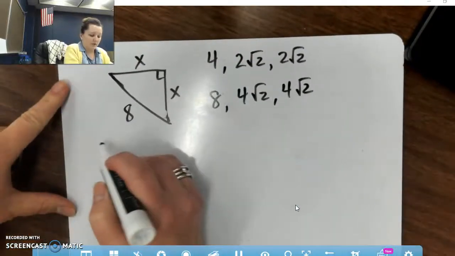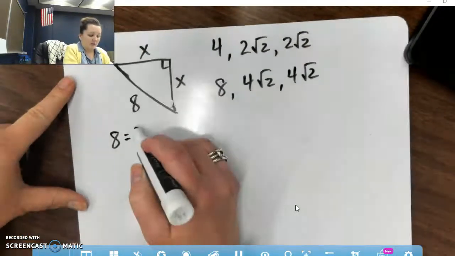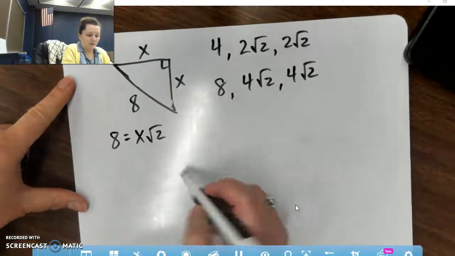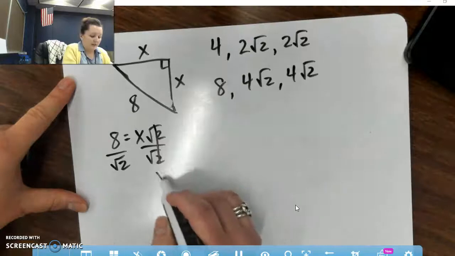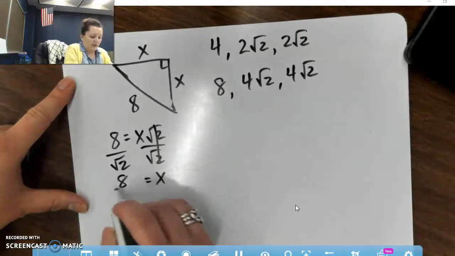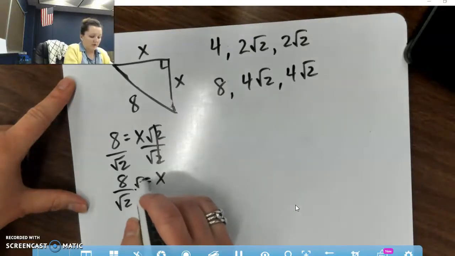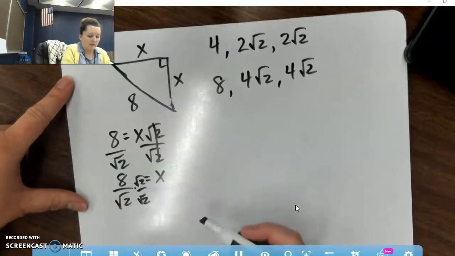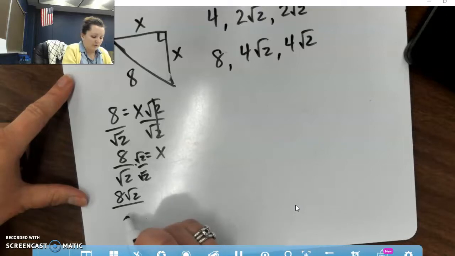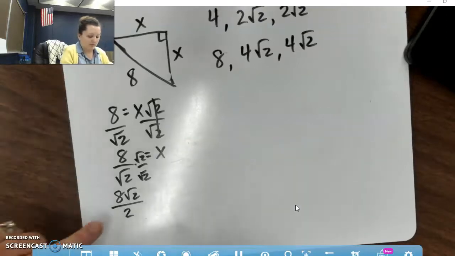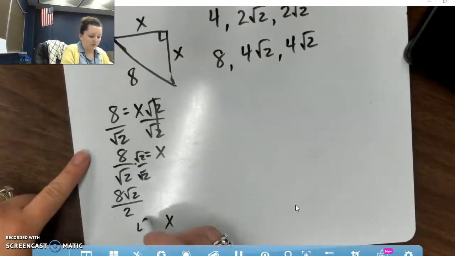I can prove it to you. If 8 equals x times the square root of 2, divide by root 2, divide by root 2, x equals 8 divided by root 2, rationalize, right? Do all that fancy legwork. So we have 8 root 2 over 2, because it pops out. 8 divided by 2 is 4 root 2.